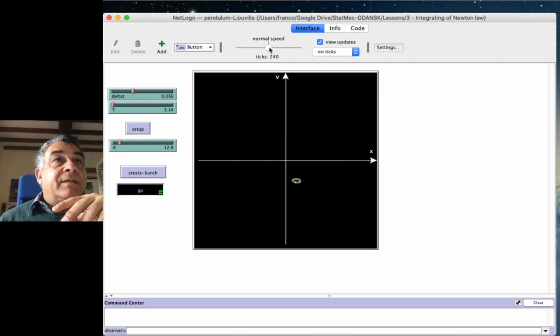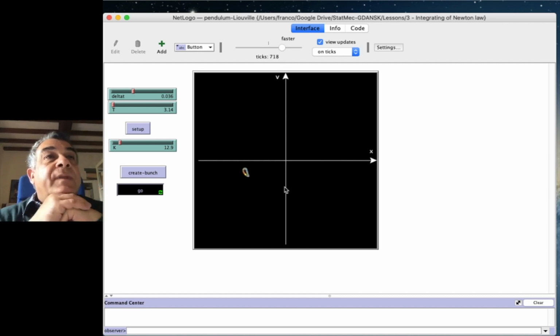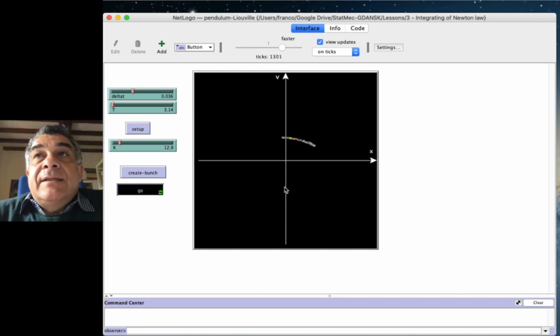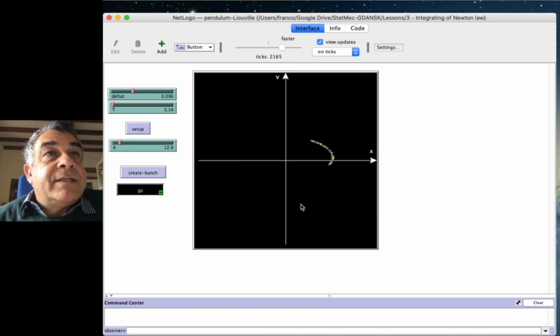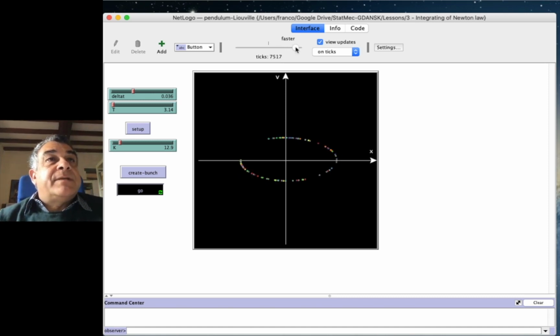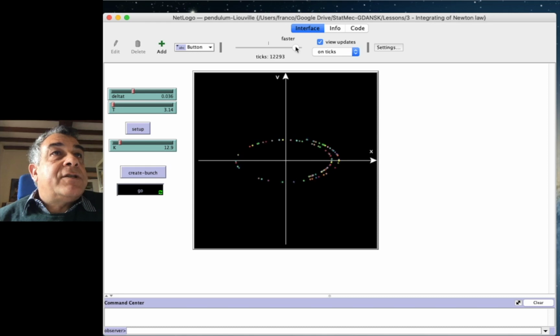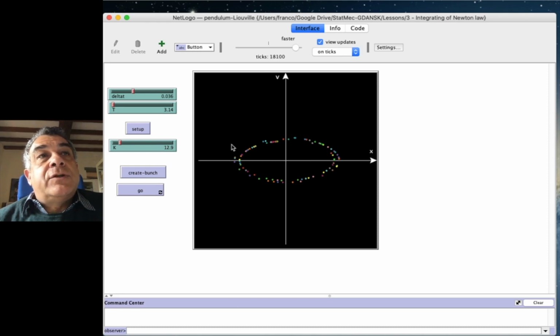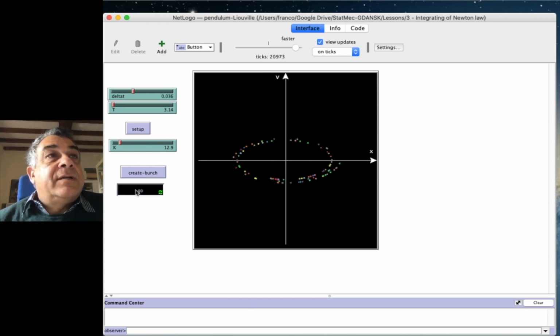I can increase the speed a bit by refreshing the display less often, and I see that the trajectories start to spread around in the phase space, and after a certain number of time steps, they reach a distribution which essentially includes all possibilities of energy.